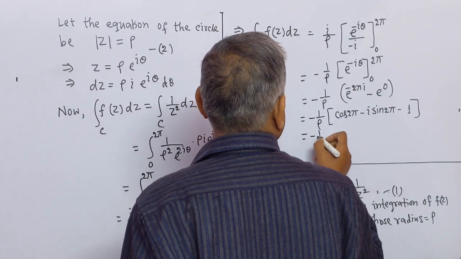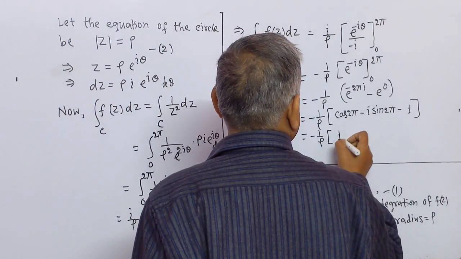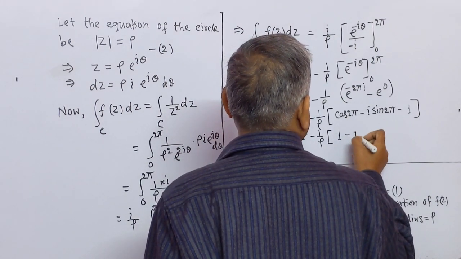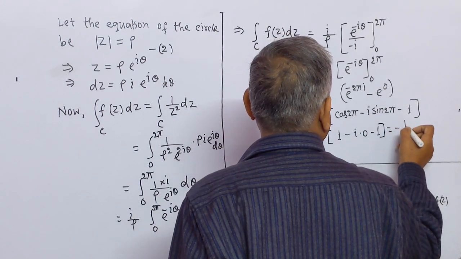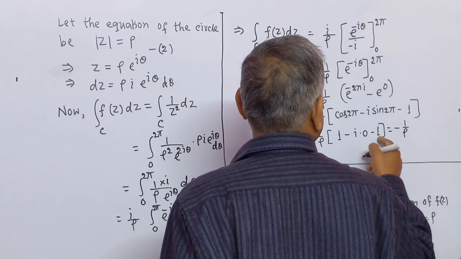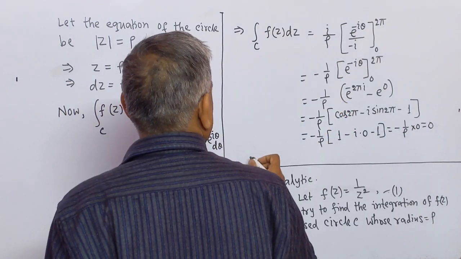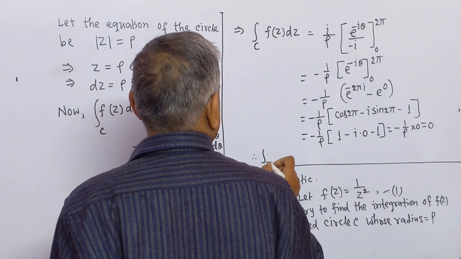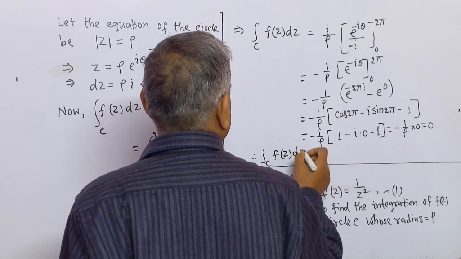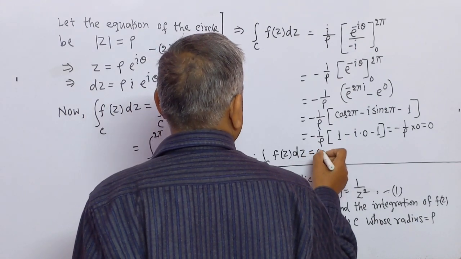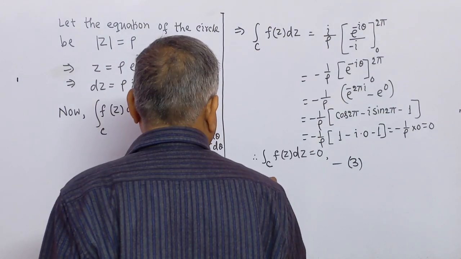This equals minus 1 by rho, 1 minus i into 0 minus 1. This is minus 1 by rho, 1 cancels, 0, this is 0. Therefore, the integration along the curve C of f(z) dz equals 0. This is number 3.